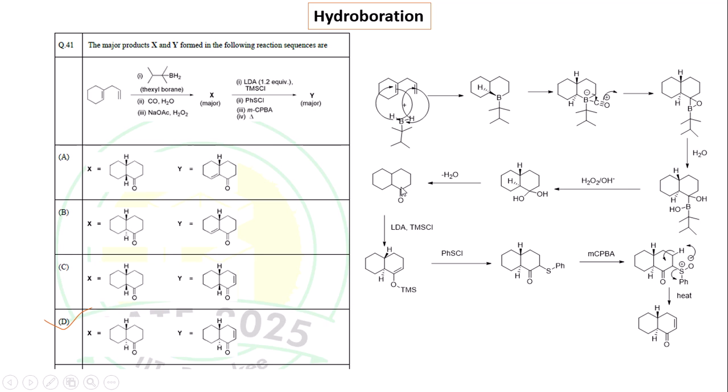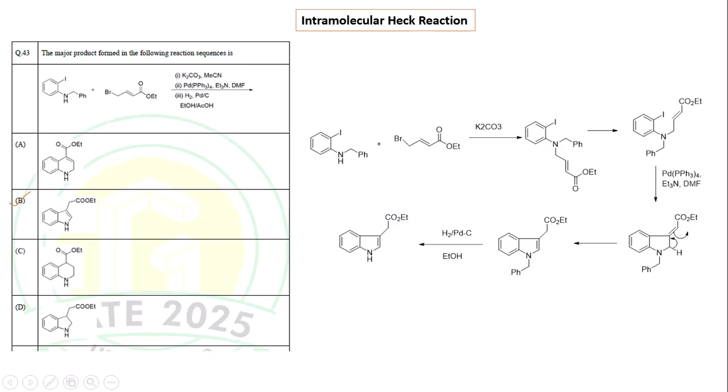This carbonyl compound after LDA and TMSCl treatment gives the protected enol intermediate, which can be captured by phenylsulfenyl chloride to give the SPh bond, and after mCPBA oxidation and heat gives the alpha beta unsaturated compound with the junction trans. So option D is correct.